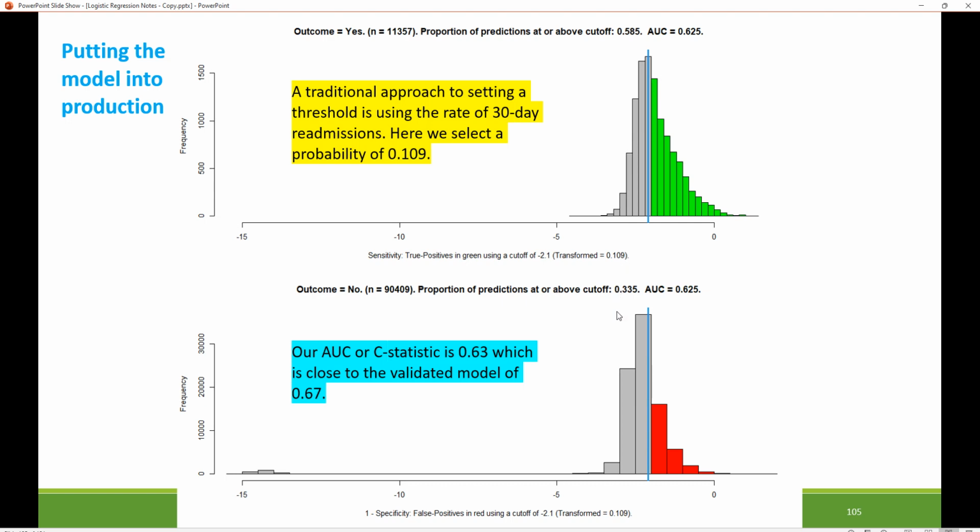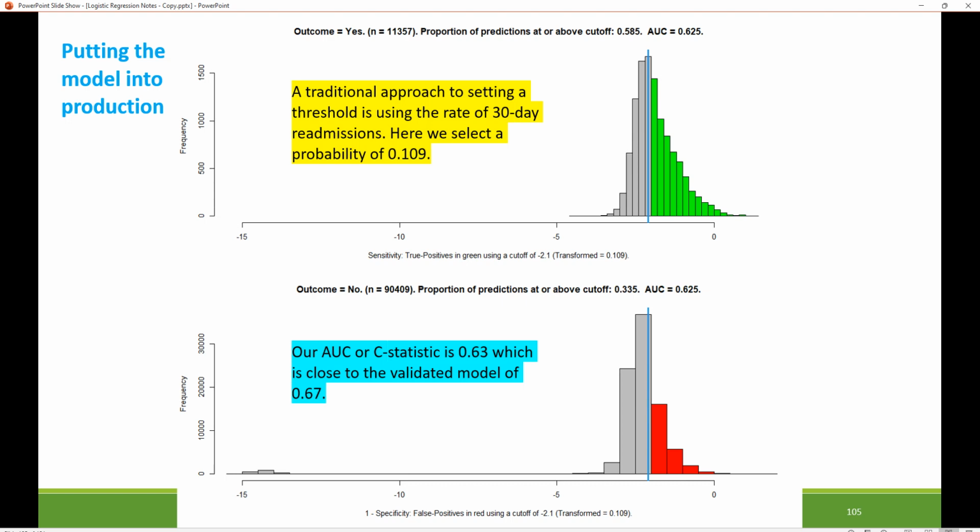The area under the curve that takes into account these four different parts gives us an AUC of 0.625. So that's actually not too bad. The area under the curve from the model was about 0.67, and so for us to use a prediction as just a single variable, that one variable gives us an AUC of 0.625.